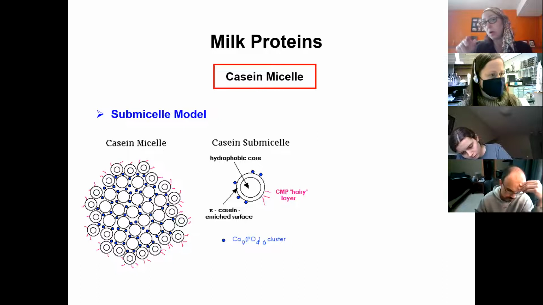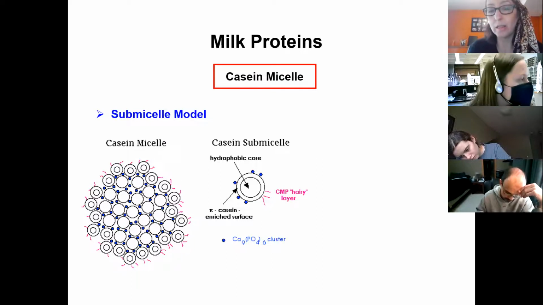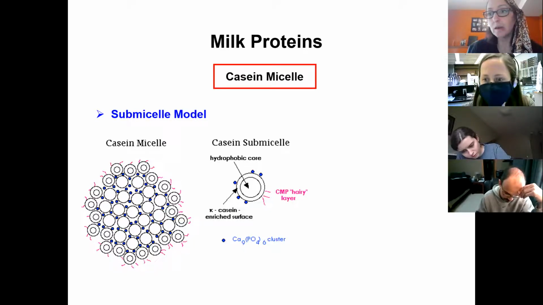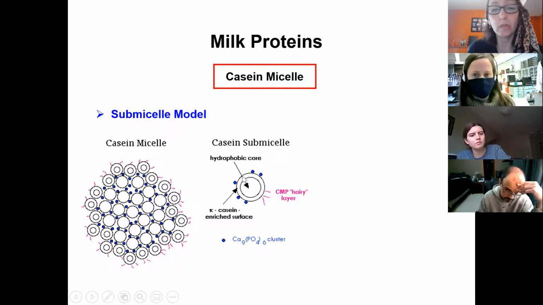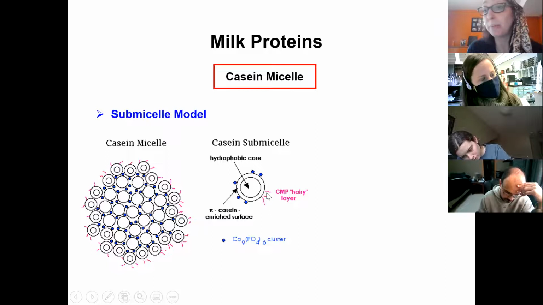So another model came to be, and this is the submicelle model. Here they thought that there are submicelles. So the casein micelle is made up of individual submicelles, and each submicelle has an interior core that is mostly hydrophobic, and you have some kappa casein on the exterior.